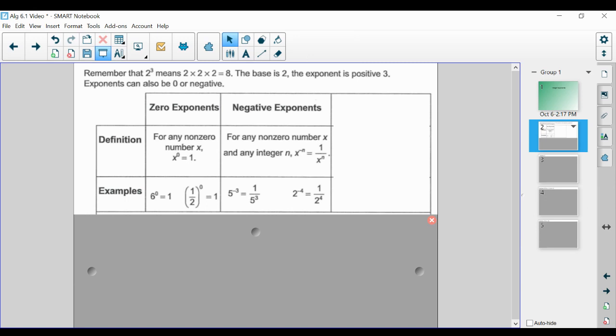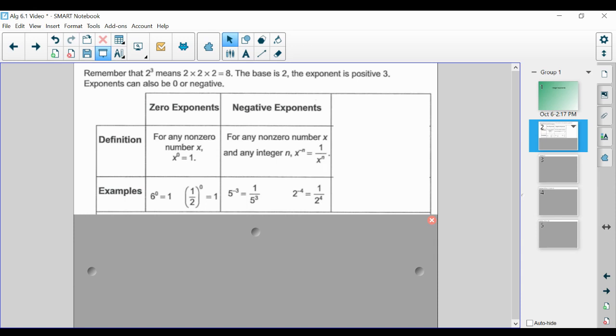We also have negative exponents. So by definition, for any non-zero number, x, and any integer, n, x raised to the negative nth power turns into 1 divided by x to the nth power. So essentially what happens there is if we have a negative exponent, wherever that base and exponent together are, we call it the power.